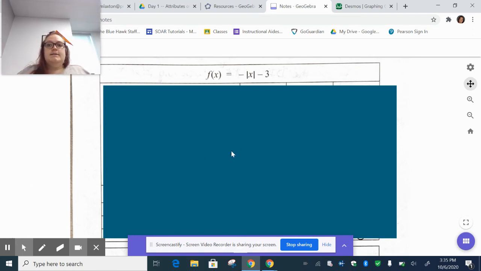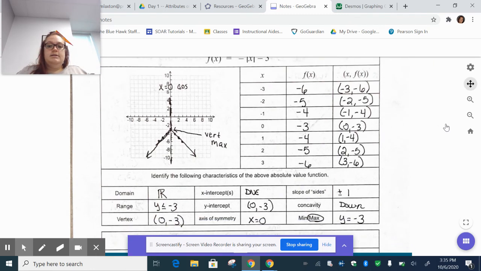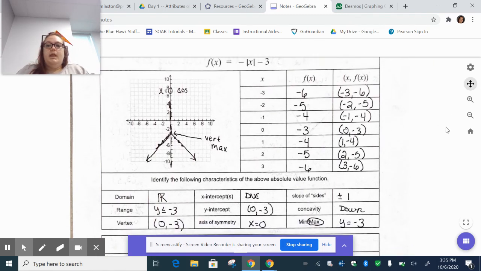All right, so once you plug that into Desmos, here's what you should get. You'll plug that in to Desmos. Here are your y values, your ordered pairs. Then you graph it here. Now notice this one is concave down, but we still have a slope of positive and negative 1.